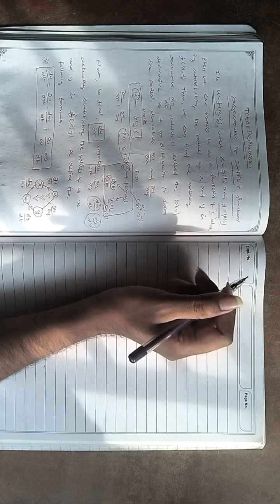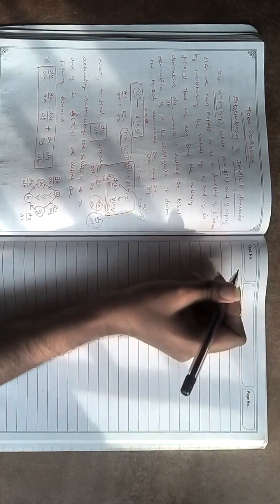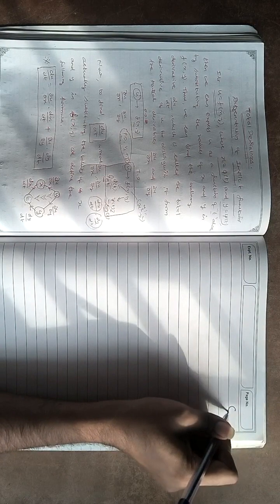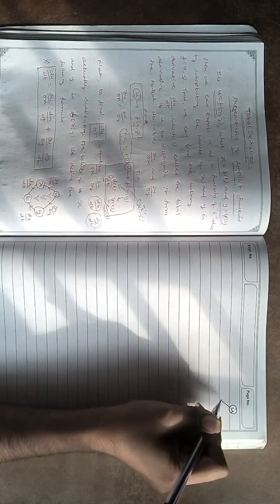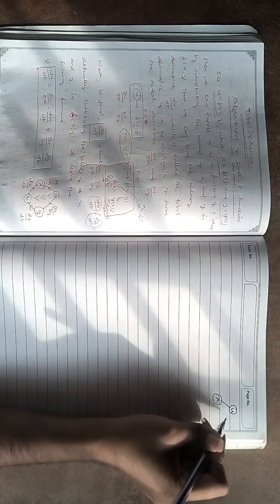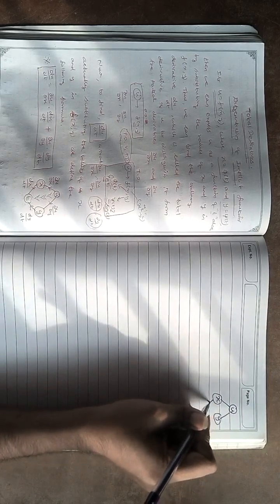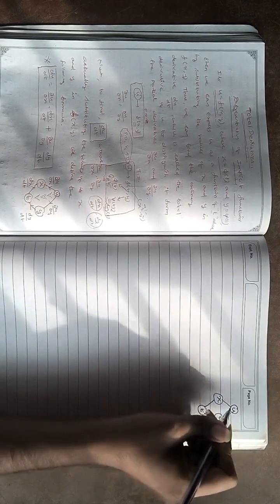So yesterday we have seen an important formula using the diagram: u is a function of x as well as y, and both x and y are functions of t.